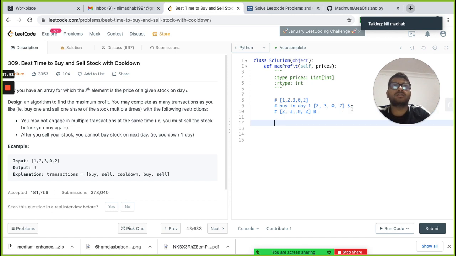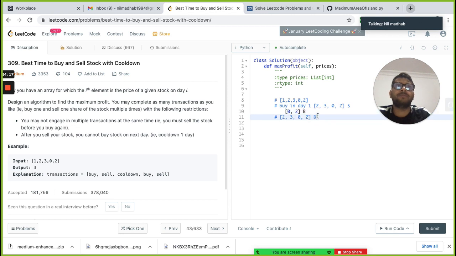So now for this case I have to sell, right? I can choose to sell on day 2. If I sell it, then I will get 3 0 2, but because I sold it, I cannot use the 3 again. So I have to buy, and I have to buy the next time.